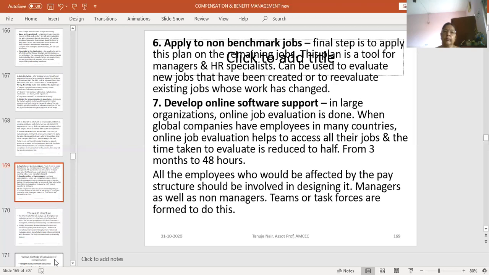And all the employees of an organization are affected by the pay structure. So all of them should be involved in designing the job evaluation plan, whether they are managers or non-managers. So usually there will be teams or a task force who will be into this job evaluation process in organizations.